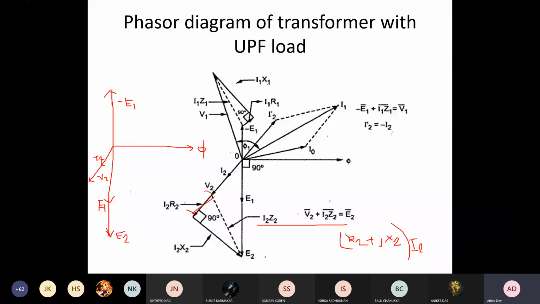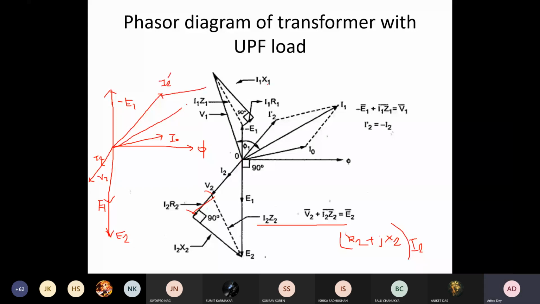So now when you have your I2, you can get your I2 dash, which is N2 by N1 into I2. This is your I2 dash, and that is 180 degrees out of phase. This is your magnetizing component, which is I0. And if you have your I2 dash, then if you complete your phasor sum, it will look like this.